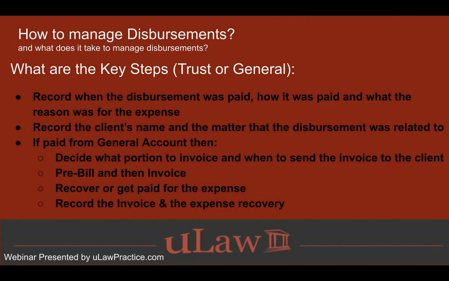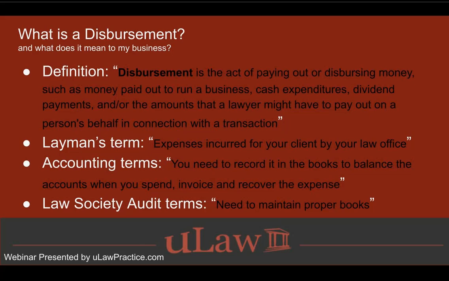So anyway, coming back to it, this is something that is done from the client and the respective matter level. One client could have several matters, but make sure you're entering this disbursement into the respective matter only. And once paid from the general account, things get, I would say, not complicated, maybe a couple of steps additional in comparison to what happened in your trust.